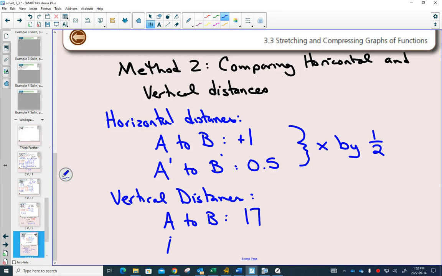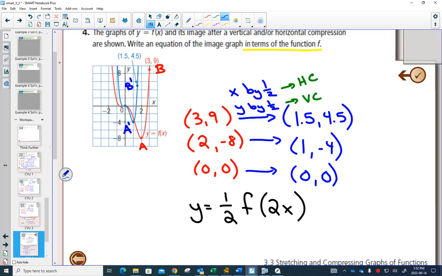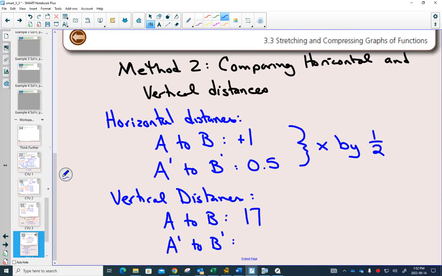If I look at A prime to B prime, from -4 to 4.5, it's going up 8.5. Again, vertical is your y values. And how would I go from 17 to 8.5? I would have to multiply by 1/2.